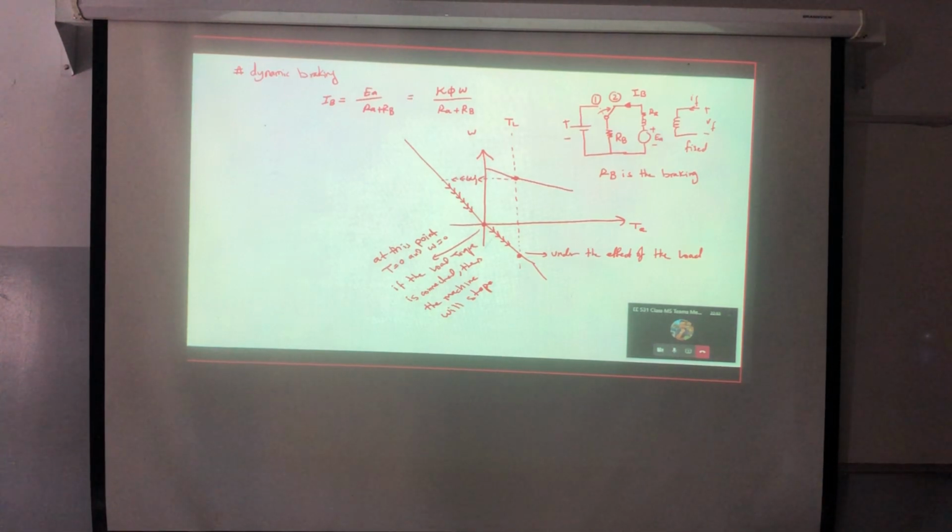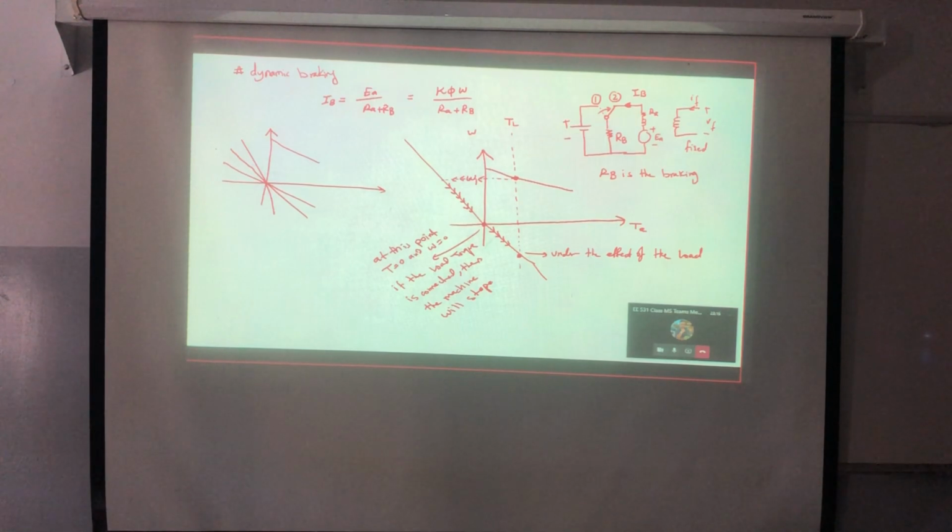If I replot here the same characteristic, except that I will change the RB. So let's assume that this is the first one, this is the second one, and let's assume here I'm having another one somewhere here.